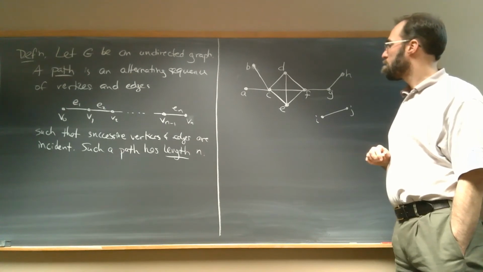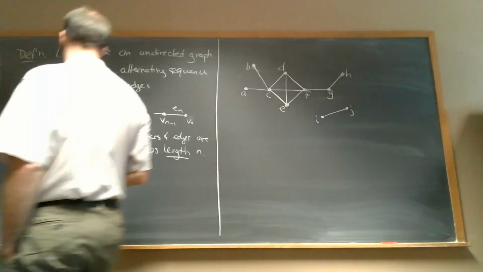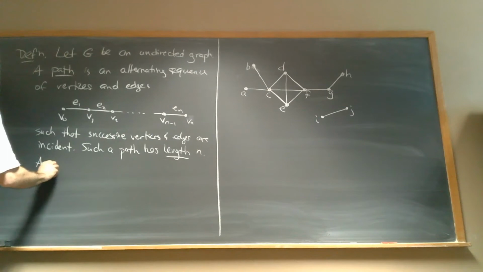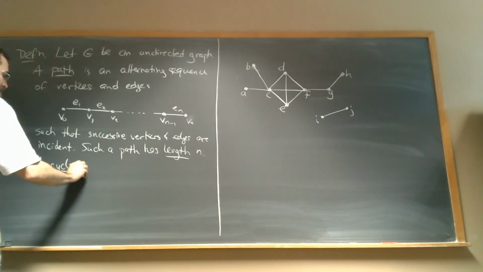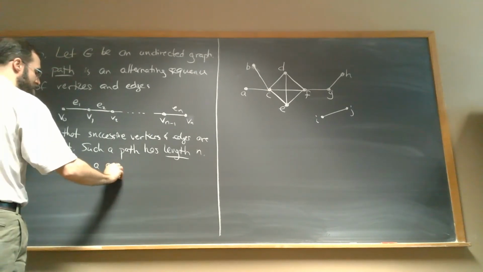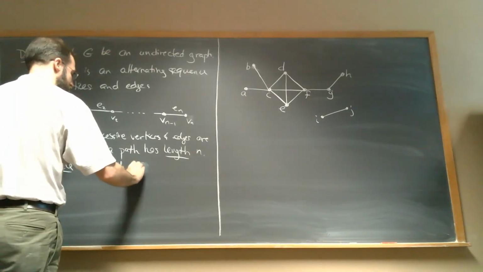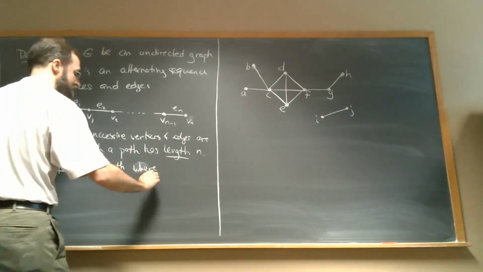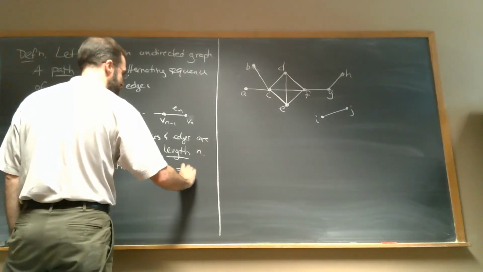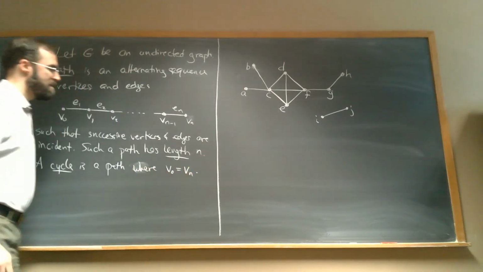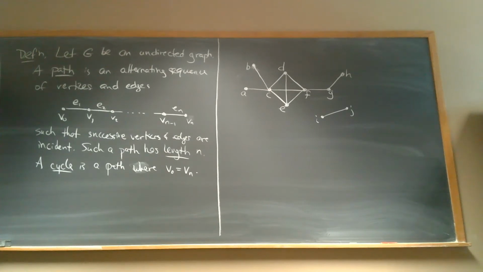Okay. And then another thing we can say is that a cycle is a path where v0 is equal to vn. So in other words, we end up in the same place where we started.